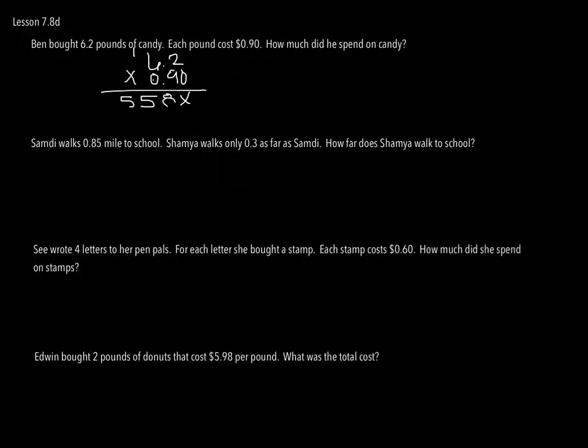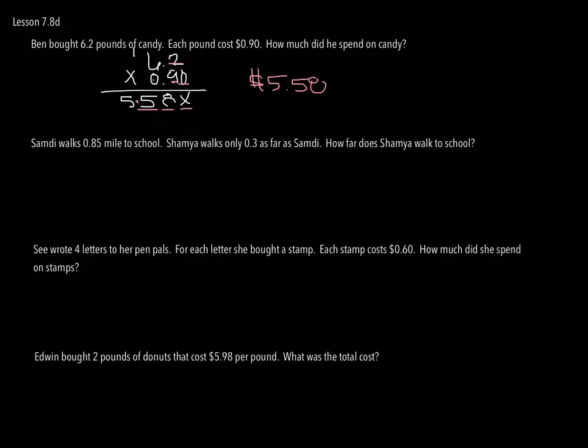We have 1, 2, 3, so we need to have 1, 2, 3 in the answer. Our decimal point is going to go right there. So Ben bought $5.58 worth of candy.